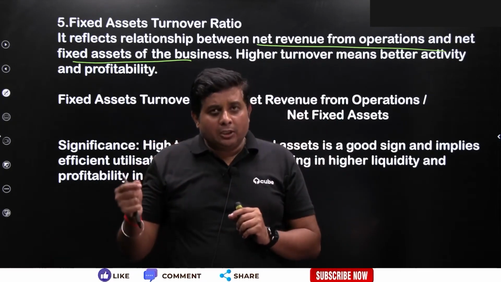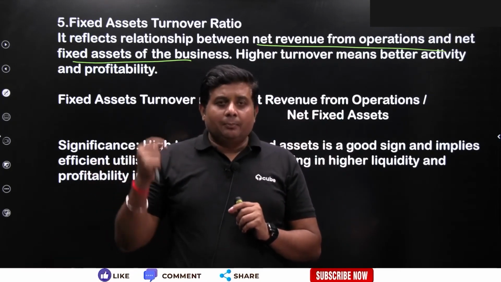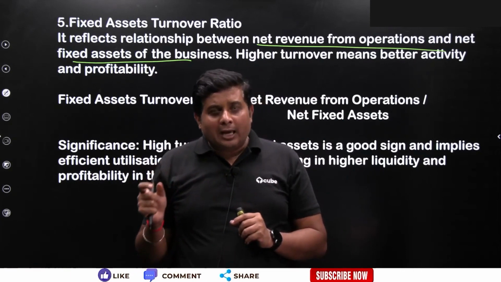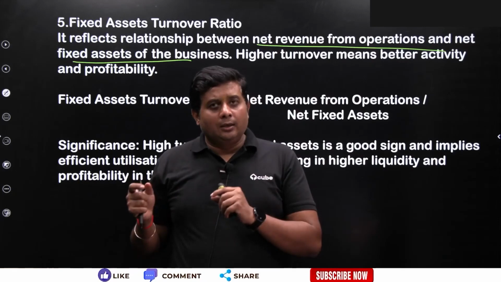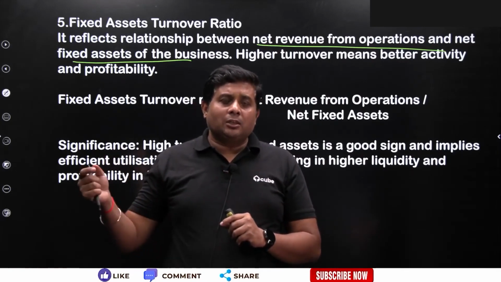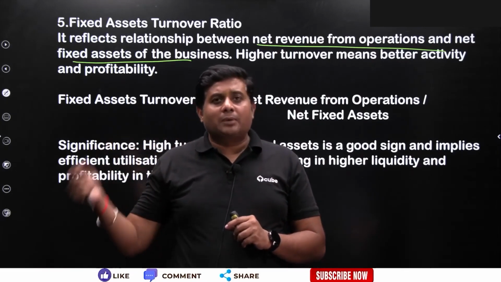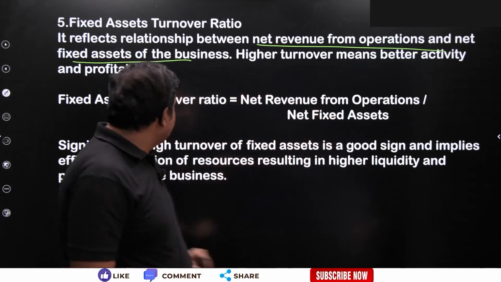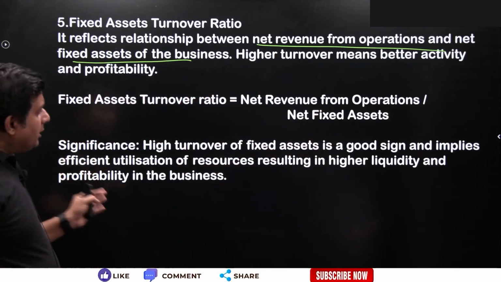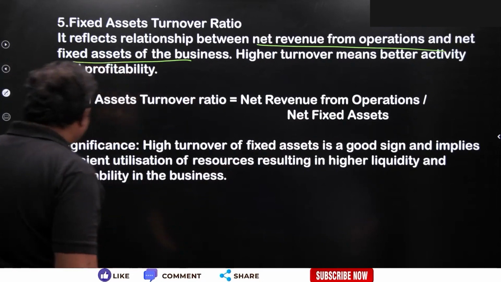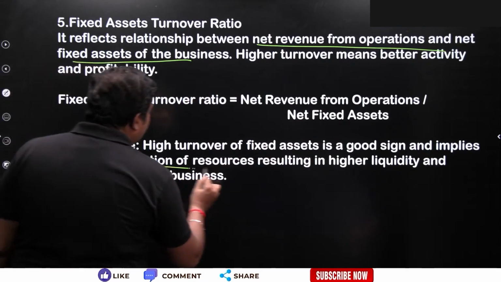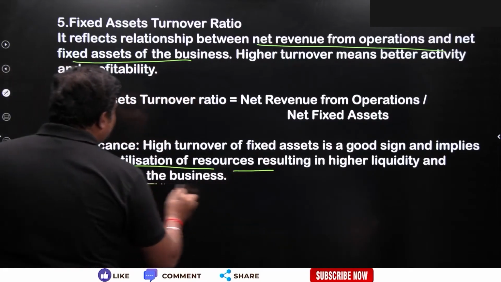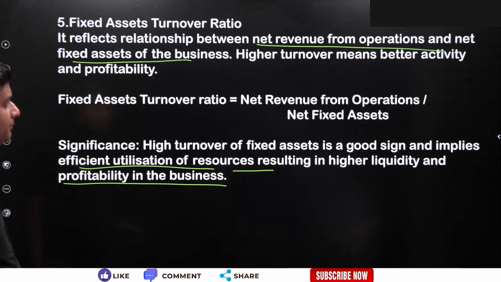If any depreciation is there, it needs to be deducted from the tangible assets to calculate the value of net tangible assets, and amortization, if any, needs to be subtracted from the intangible assets. So net fixed assets means that. Significance: a high turnover ratio of fixed assets is a good sign and implies efficient utilization of resources, resulting in higher liquidity and profitability of the business.